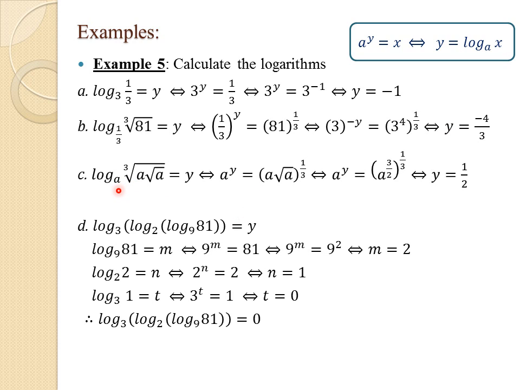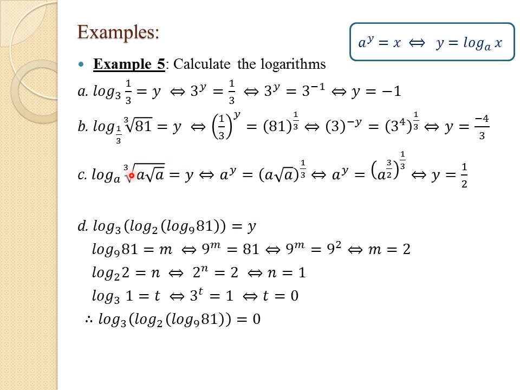Now, logarithm cubic root of a multiplied by square root a, for the base a. Maybe you feel that it is a little complicated. We will just solve it now, equal it to y. And now a power y equal the whole value here.